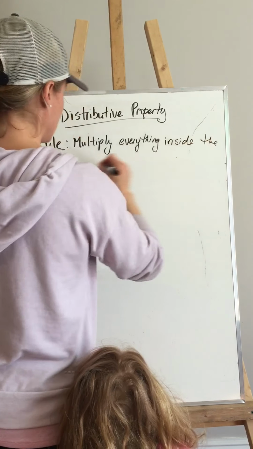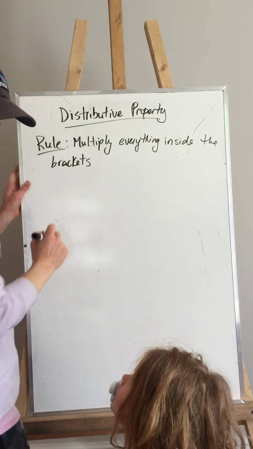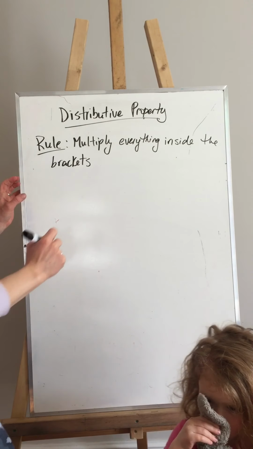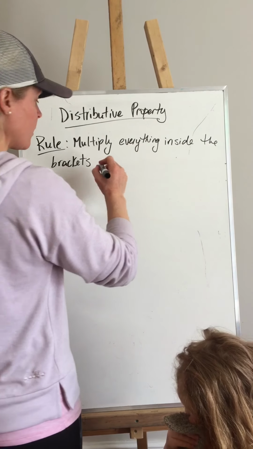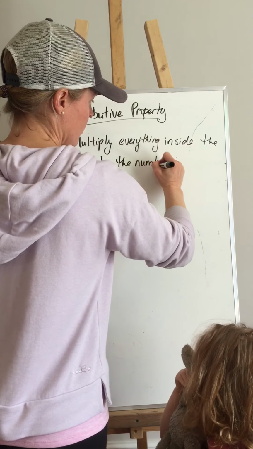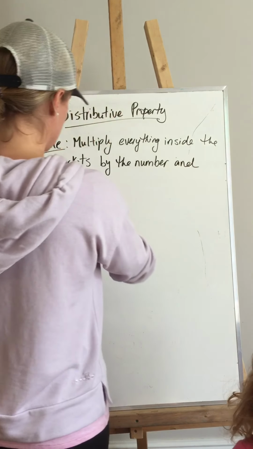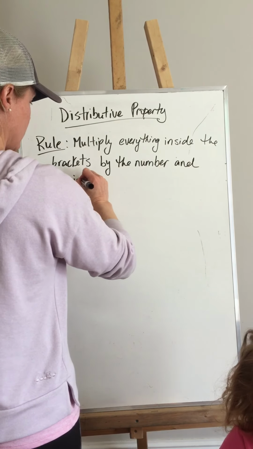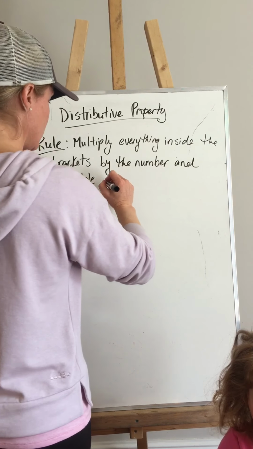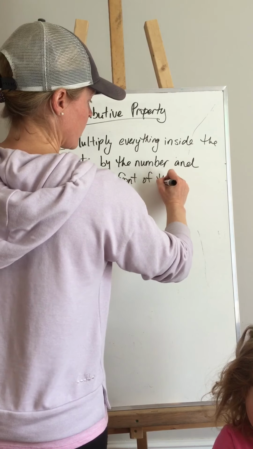You have to get rid of your brackets, okay? Multiply everything inside the brackets by the number and variable in front of the brackets.